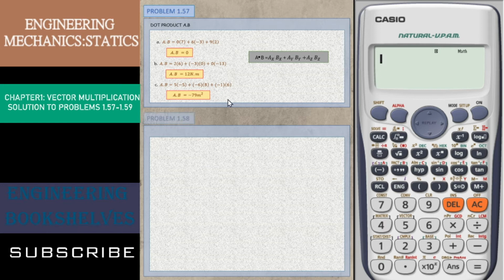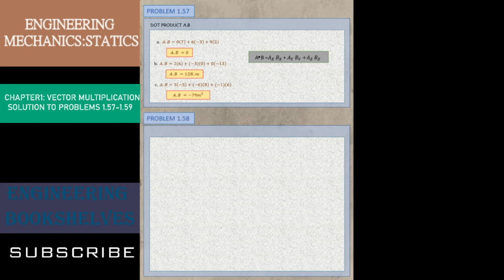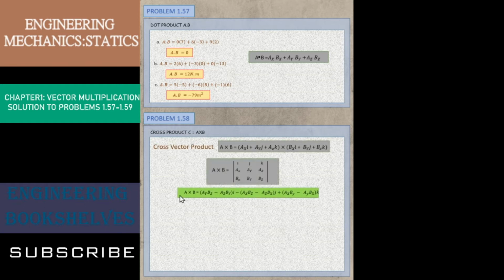So for problem 1.58, we have to find the cross product C equals A times B. For us to solve this problem, we must be familiar with this cross vector product. For i, we cross multiply the columns j and k: Ay times Bz minus Az times By.